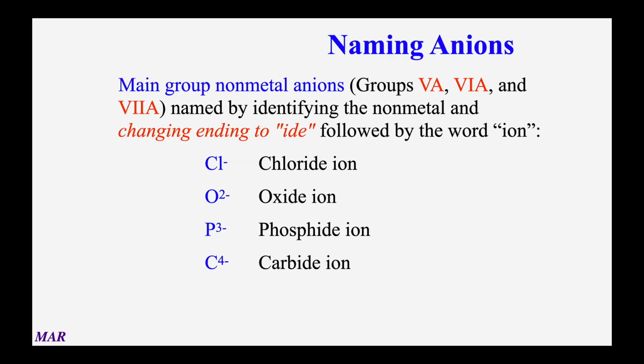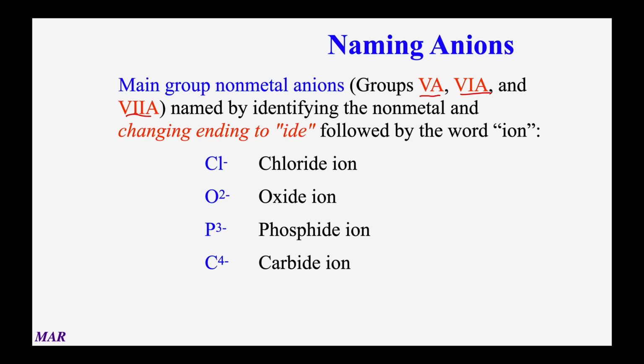The main group anions, the negative charges, also are predictable. Basically, most of the main group anions are 5A, 6A, and 7A. Like you saw, you take the group number and subtract 8 in order to figure out what their charge is going to be. Notice the names too. We're changing all of these names to "ide," and "ide" tells the chemist that it's a negatively charged ion.